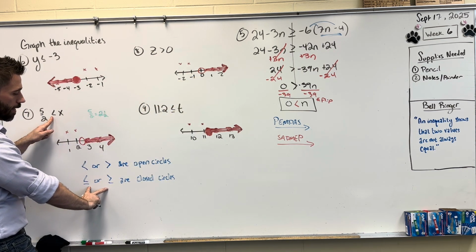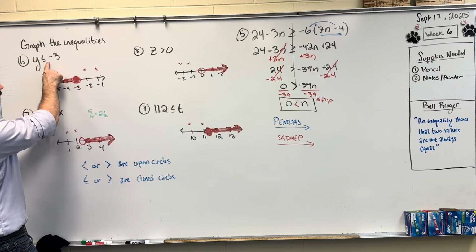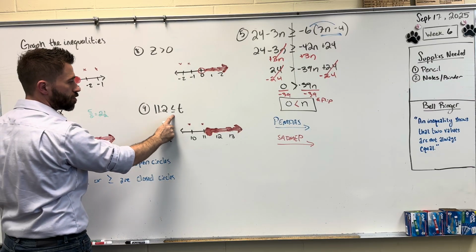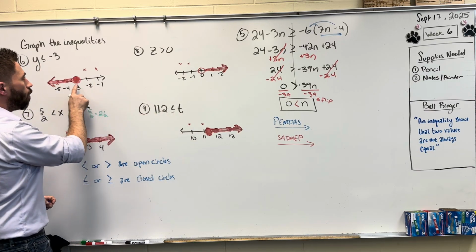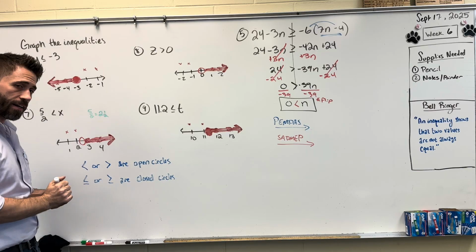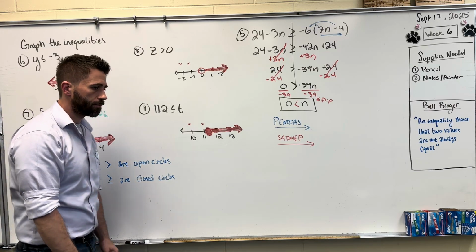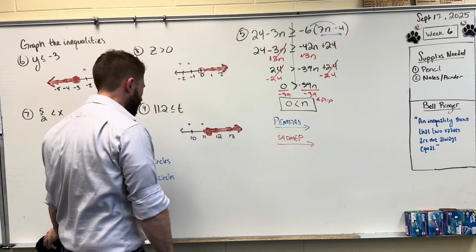And then these two lines are closed circles because I know that that is going to be part of my solution set because of that or equal to included. I can include the number that I've got circled up. So that's it for this section.